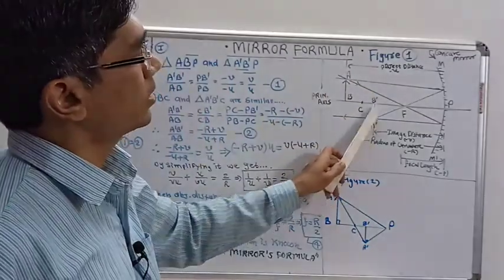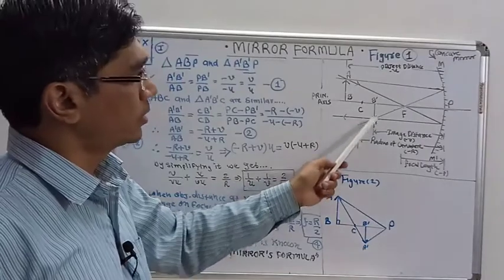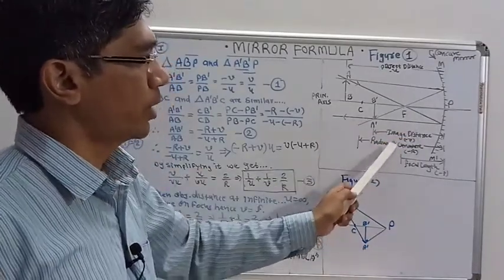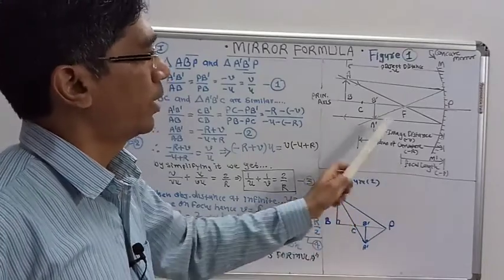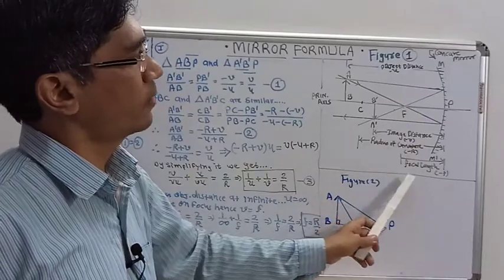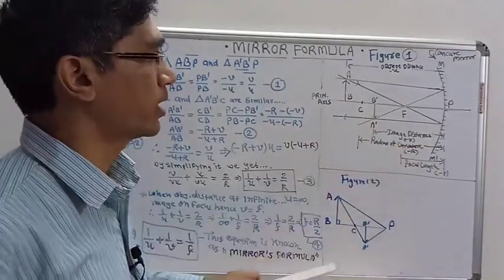Here we get A dash B dash, the image. The image distance PB dash is minus v, PF is the focal length minus f, and PC is the radius of curvature minus R.